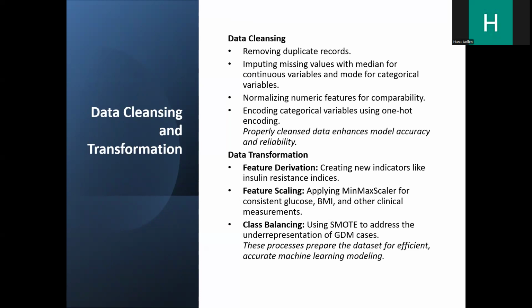Then data transformation: feature derivation, creating new indicators like insulin resistance indices; feature scaling, applying min-max scaler for consistent glucose, BMI, and other clinical measurements; and class balancing using SMOTE to address the underrepresentation of GDM cases. This process prepares the dataset for efficient and accurate machine learning modeling.